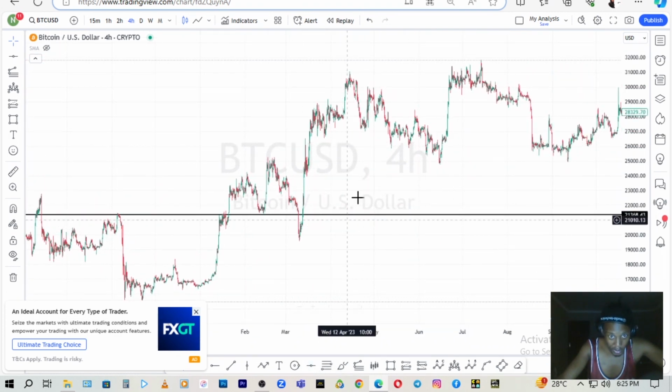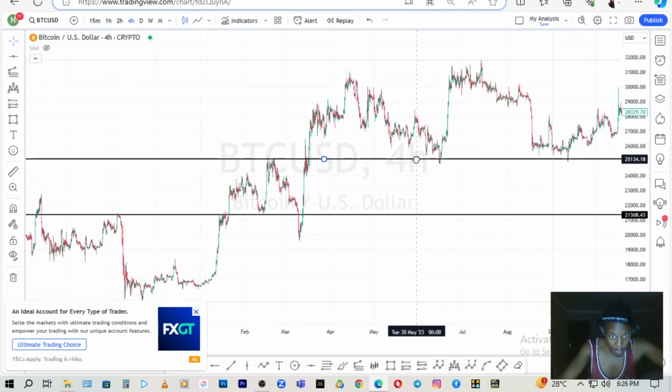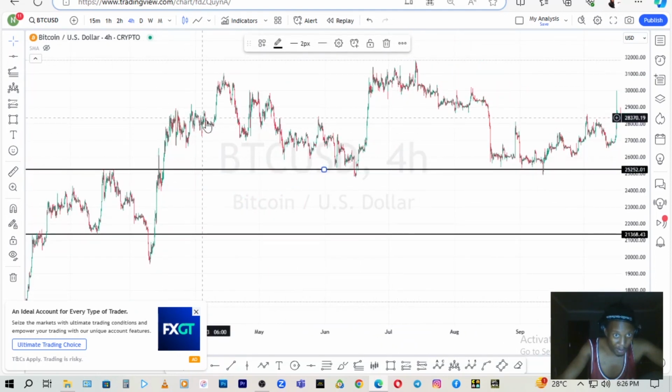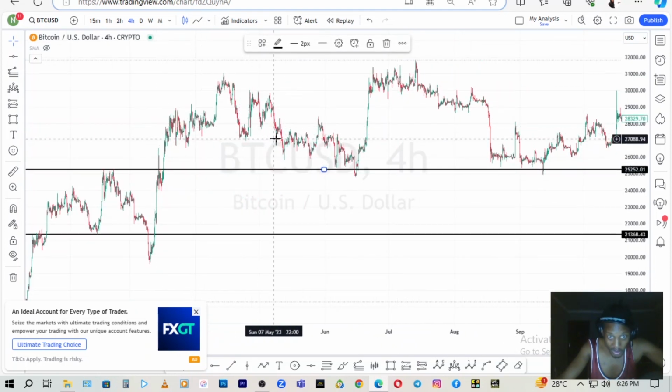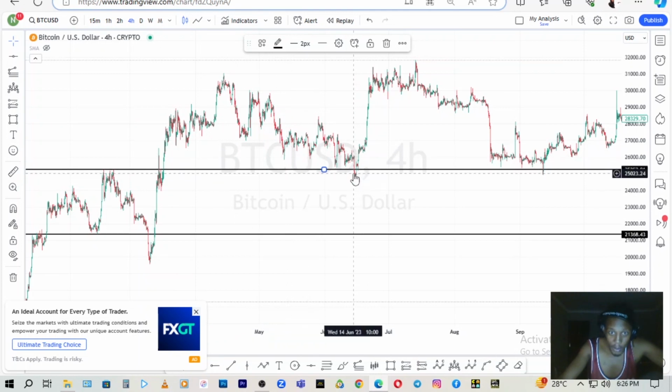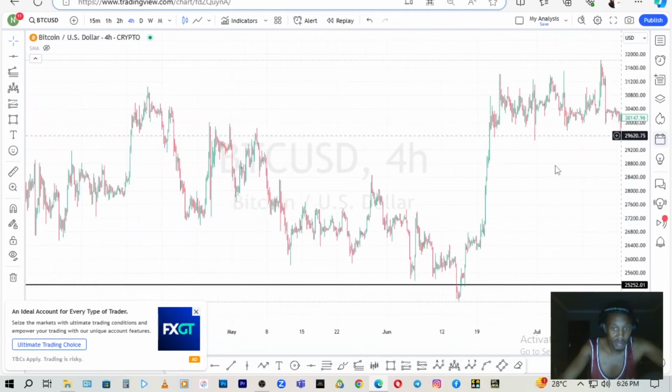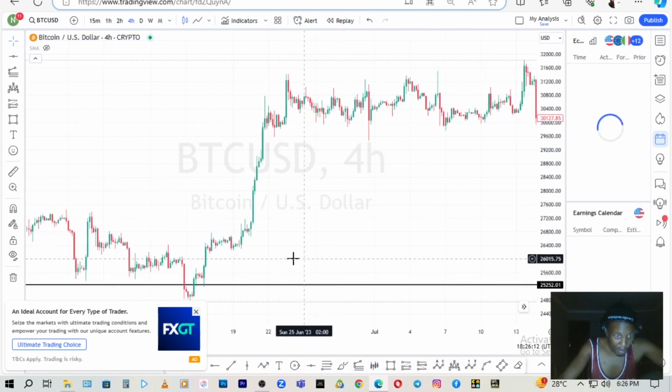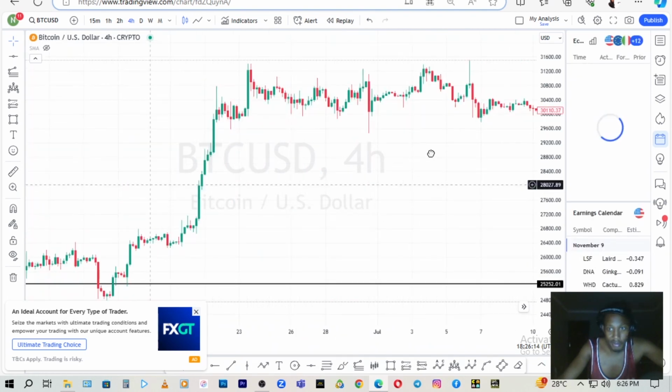So here's my entry over here. Beautiful. I care less about these entries, this entry. I care more about this one. Bullish engulfing, perfect.